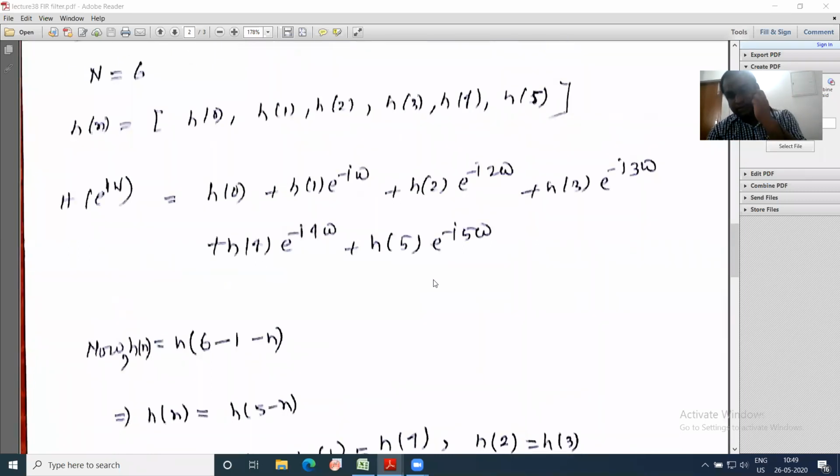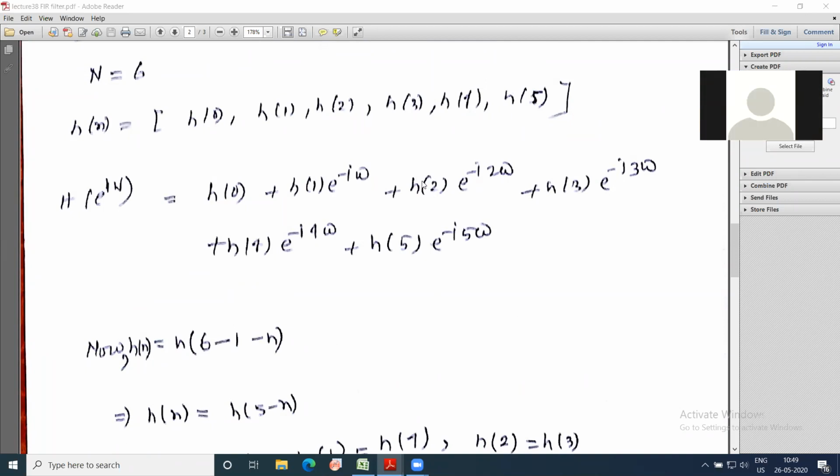With respect to 2.5, there are equal numbers of points: 3 points on the left and 3 points on the right. So we say that n minus 1 by 2 is the center of symmetry.